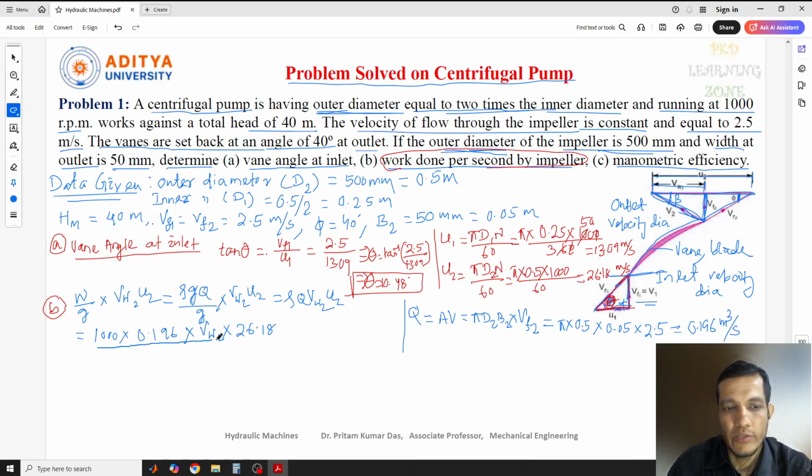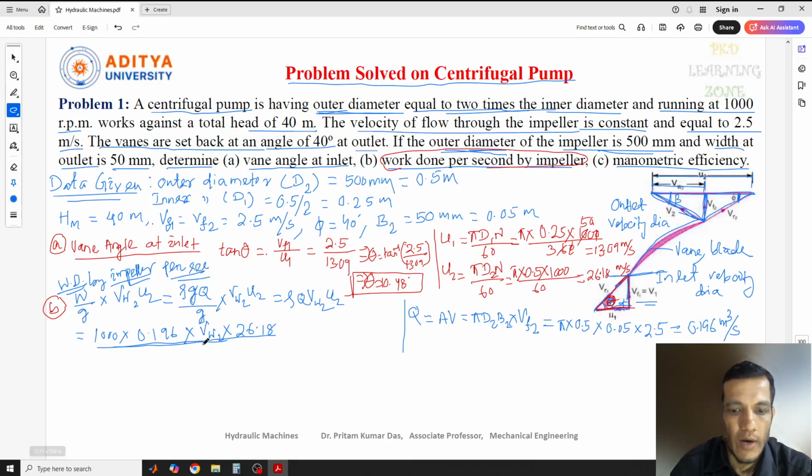Let's keep this value as usual. Now we need to find out the value of Vw2, so that I can write here, this is work done by impeller on water per second.